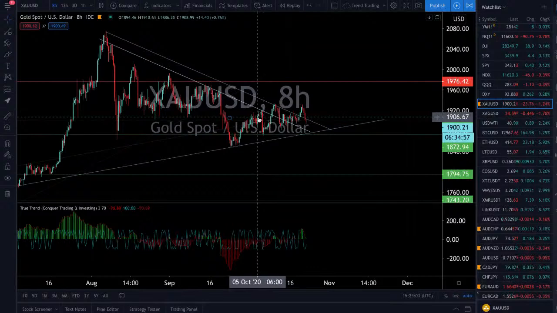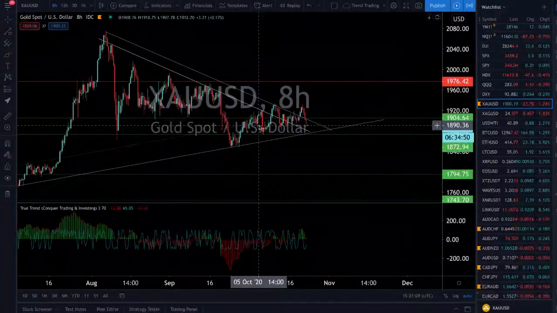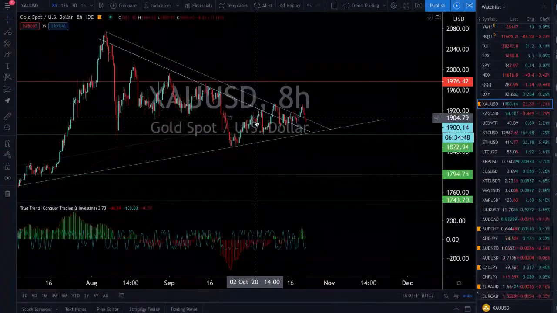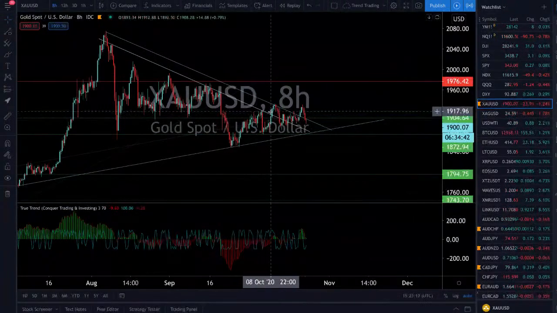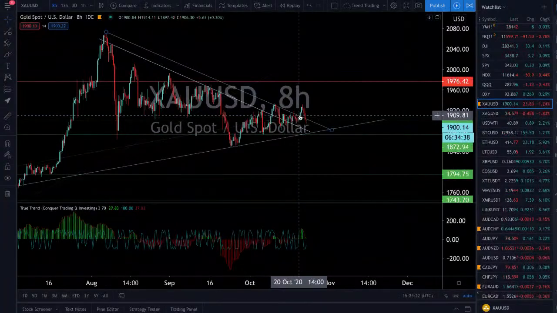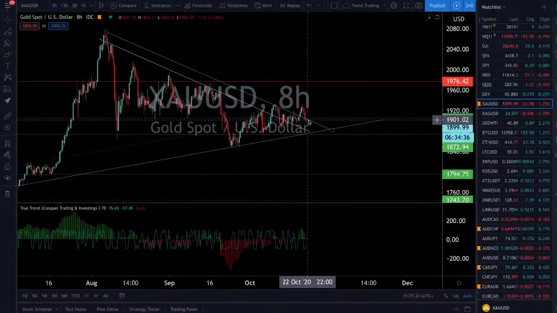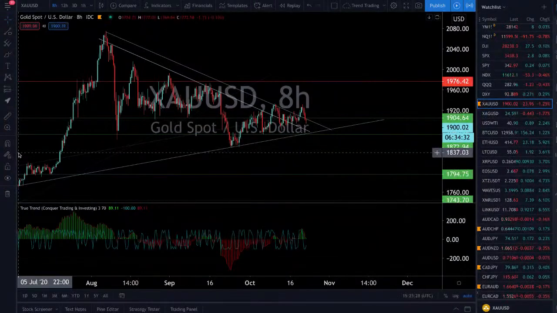I took the entry here at 1904, somewhere over 1904. Then took the stop loss. I was wrong on the trade. I said it was an aggressive trade when I took it, by the way. I got out really quick. And then I've been waiting to get long. This could be right now, actually. We could be setting up for the long entry, but I've been waiting. You could always enter long when the trade looks better.